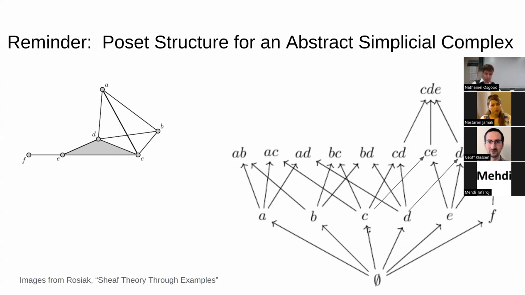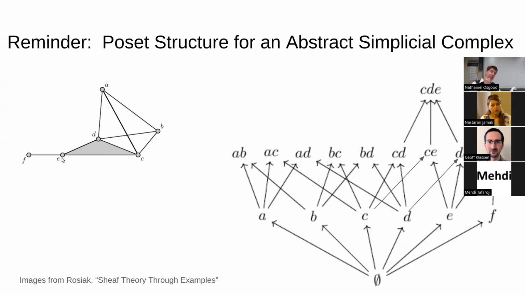There's also going to be a map from C to CD, and by extension, by composition, a map from F of C to F of CDE. So again, F of C to F of AC, F of C to F of CD, from F of C to F of CDE, this triangle, any data in it.